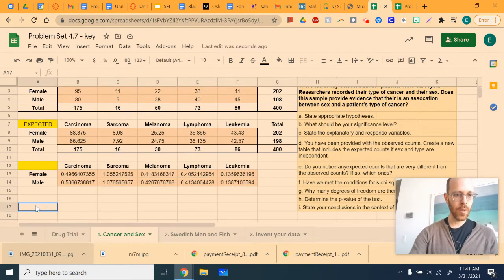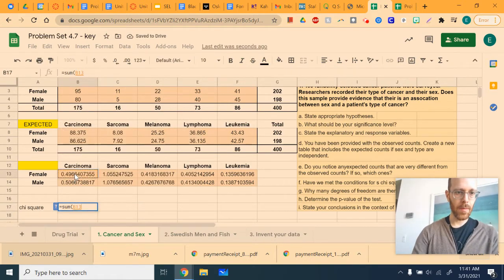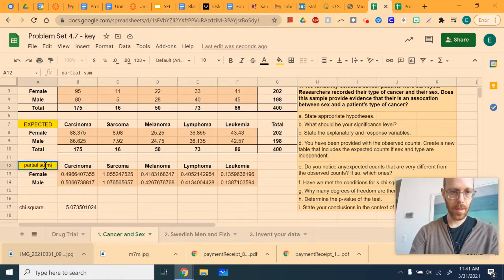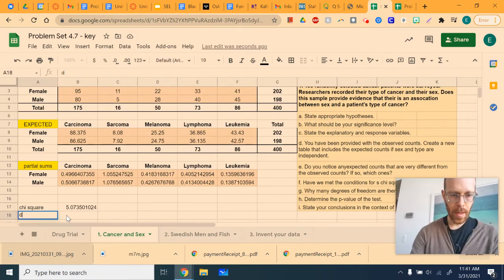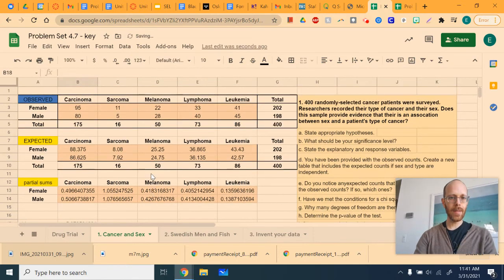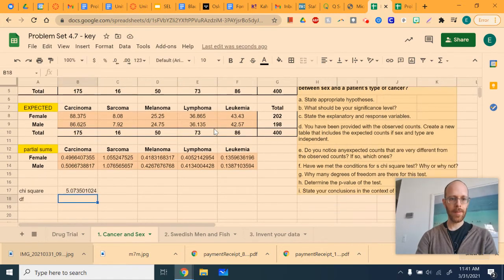And then the next thing I would do is I would find the value of chi-square. And we do that by taking the sum of all of these... sorry, not expected counts, the sum of the partial sums. Okay, so our sum is 5.1 or so. Our degrees of freedom in this case are going to be, we have 2 rows and 1, 2, 3, 4, 5 columns.